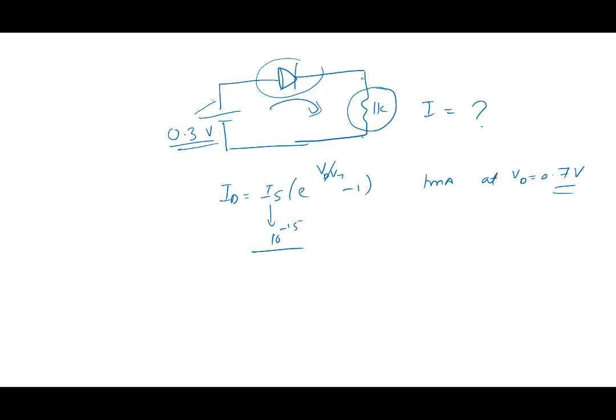So when you go to 0.3, how low do you think the current will get? It is dropping exponentially, right? So if I go to VD equal to 0.3, what do you think the current is going to be? How low will it be? If it is 1 milliampere here, how much will it be? 1 milliampere into? Can you calculate? How low will it be?